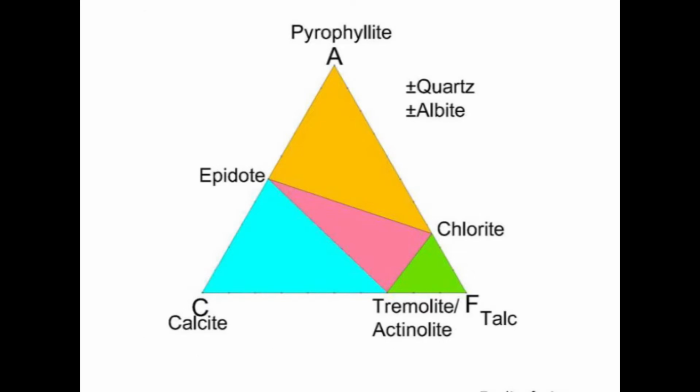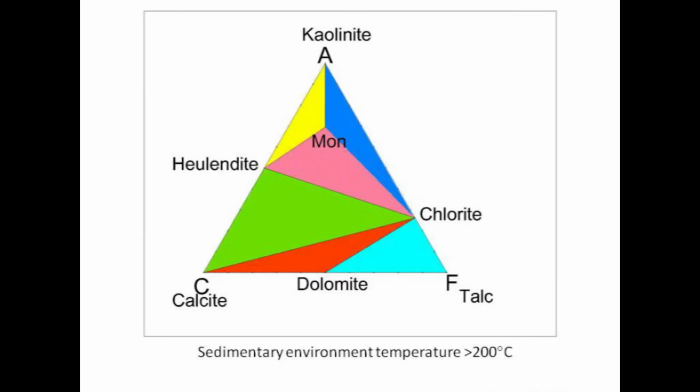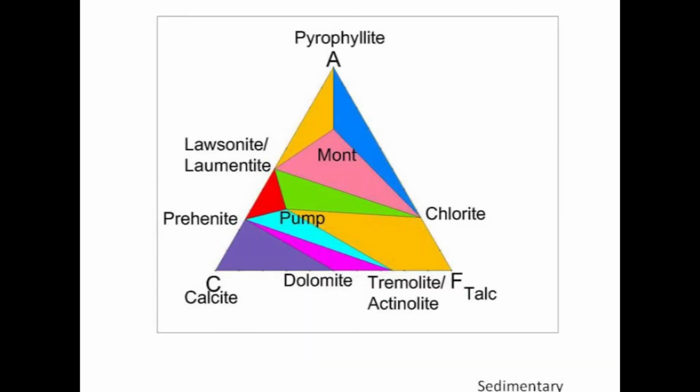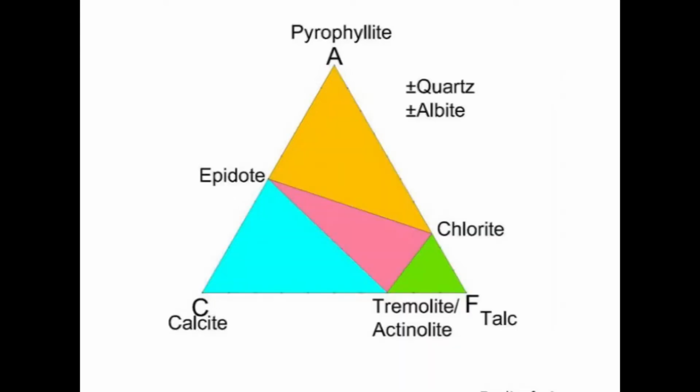Next reaction, montmorillonite gives rise to pyrophyllite plus epidote plus chlorite plus water. The disappearance of lawsonite, laumontite, prehnite, pumpellyite, montmorillonite, kaolinite marks the upper limit of zeolite facies and also the lower limit of greenschist facies.